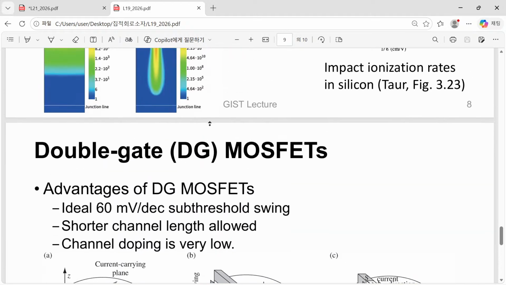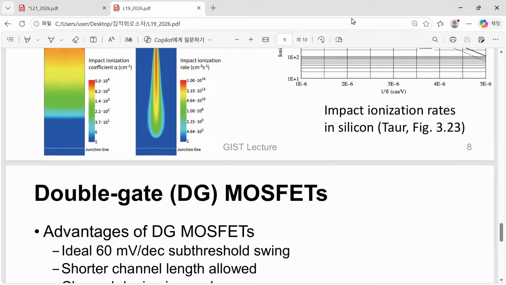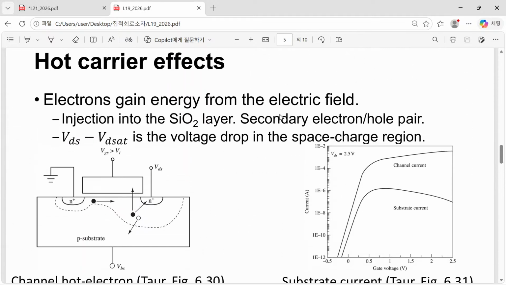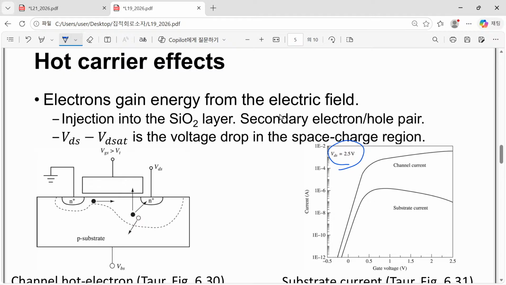At the end of our previous lecture 19, we have covered this hot carrier effect. When we apply certain high bias, in this case maybe the voltage was almost 2.5 volts, some of our electrons, very few of them, can be quite energetic.